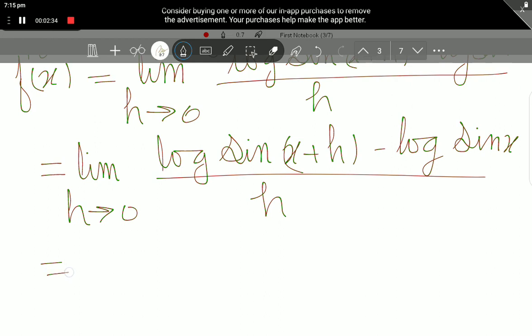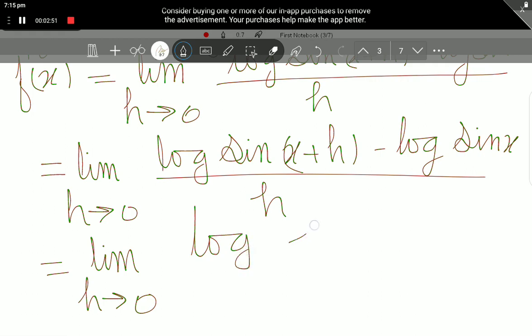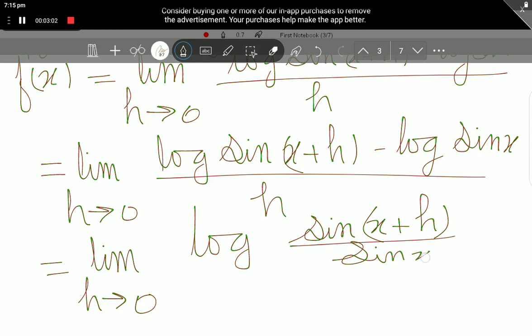So we have this limit h tends to 0, log of sin of x plus h divided by sin x, whole thing divided by h.